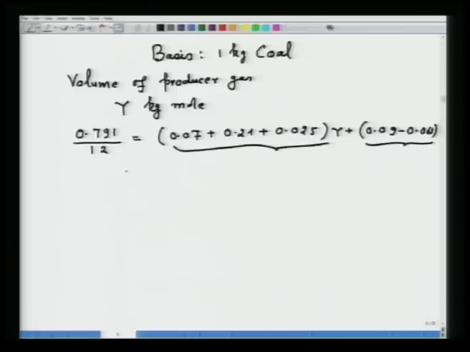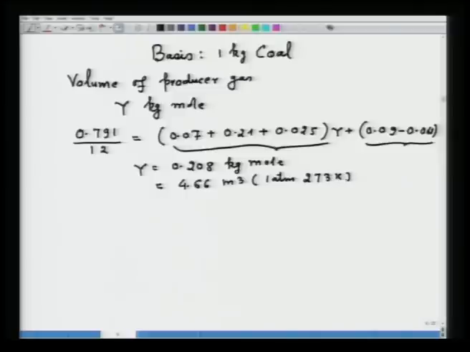If I solve, I will get Y equal to 0.208 kg mole, mind you it is per kg of coal, which is also equal to 4.66 meter cube per kg coal at 1 atmosphere and 273 Kelvin. So, I got now the volume of producer gas.